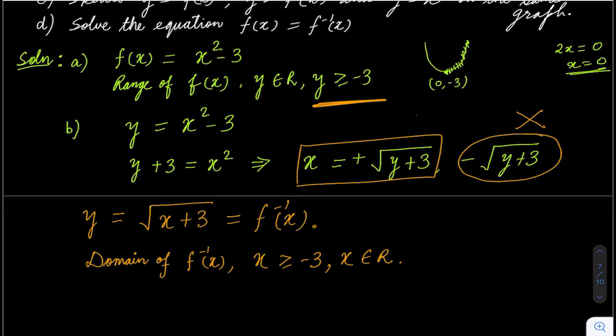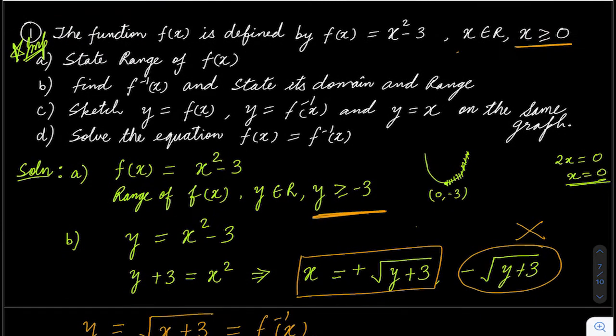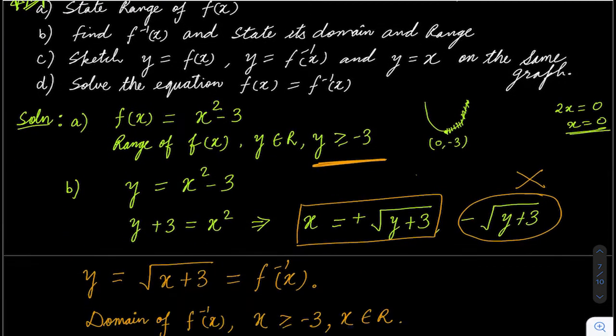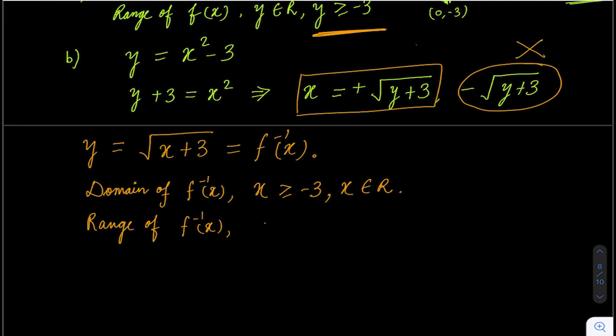So this is my domain of f inverse x. Now they are asking for range of f inverse x. So range of f inverse x is nothing but domain of f(x). So this is the domain of f(x). So my range will become y is greater than or equal to 0 and y is a real number. I hope it's clear. We discussed this in the last class also.